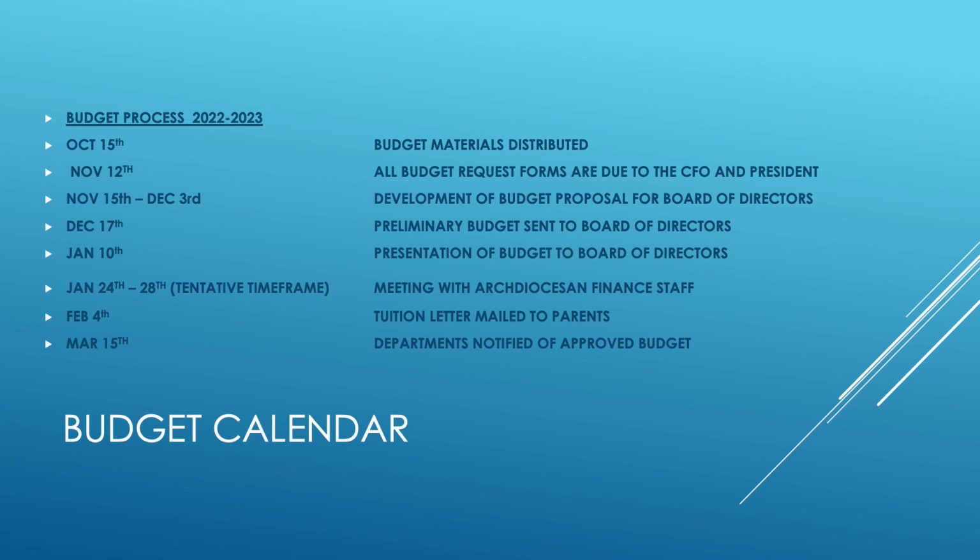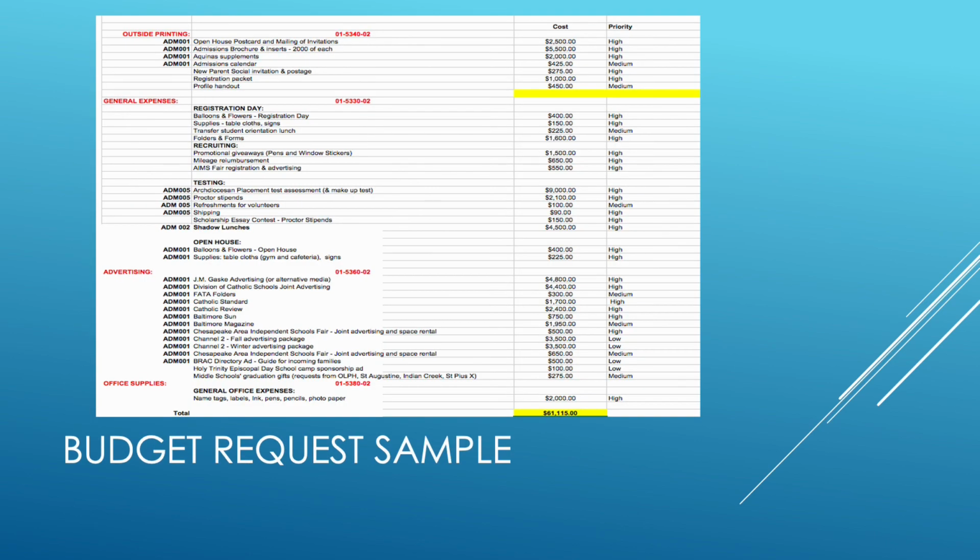But that's the time when all the hard work is done, especially between that month when budget materials are distributed and the budget requests are submitted to the head of the school. Now, in this particular form, what you see, I used an admissions example from a high school.